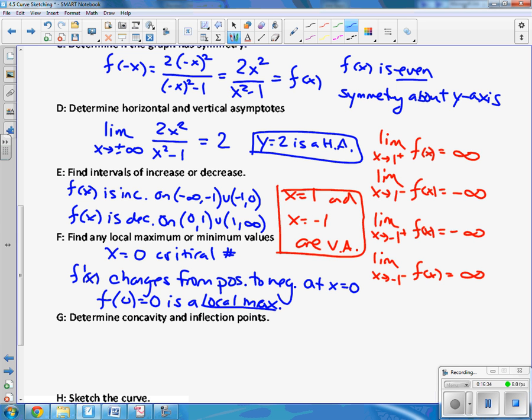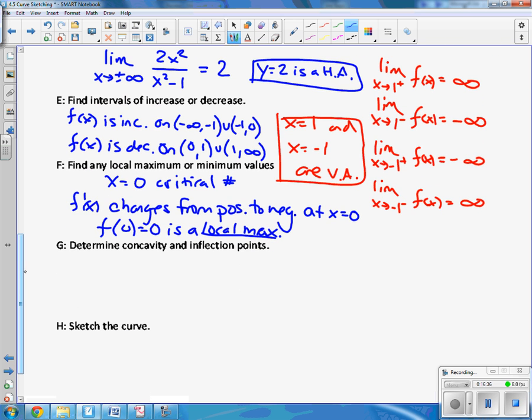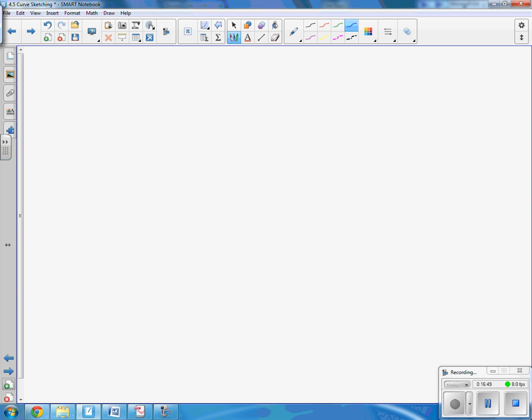All right. Last part before we can start completing our graph. So to determine the concavity, I'm going to need to use this second derivative. All right, I'm going to go to another screen here so I can calculate my second derivative. So f double prime of x.